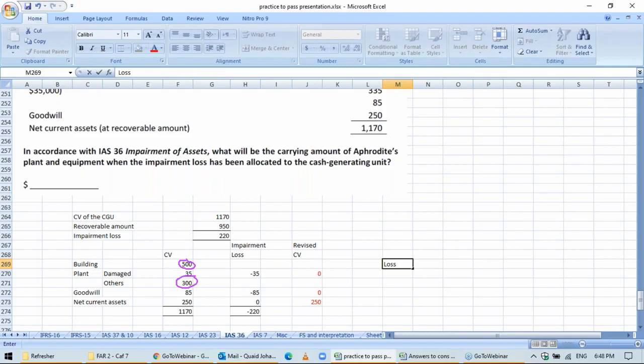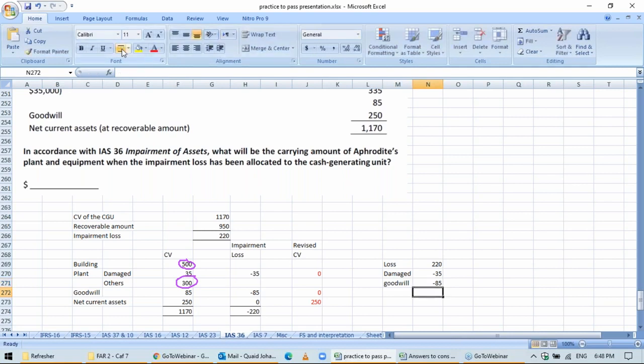So the loss was 220, out of which the amount allocated to the damaged plant was 35 and allocated to the goodwill was 85. Now how much is left?